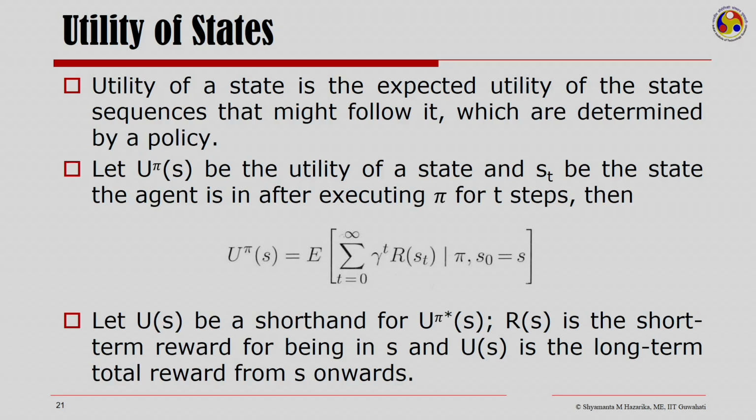So, here we have U, the utility of a state, after execution of pi for t steps; we are interested in finding the expected utility as the sum of the rewards. Here, the reward is the short term reward for being in the state S, whereas the utility of S is the long term total reward from S onwards.